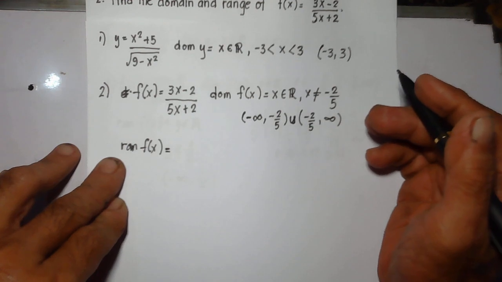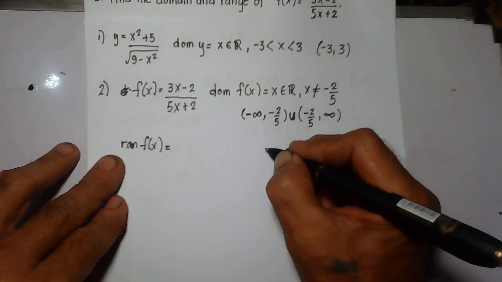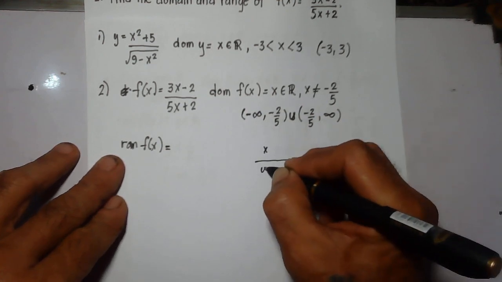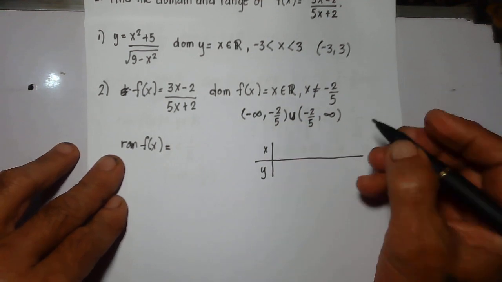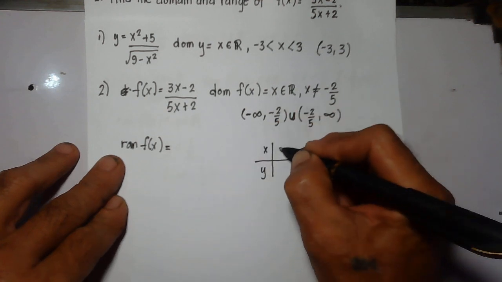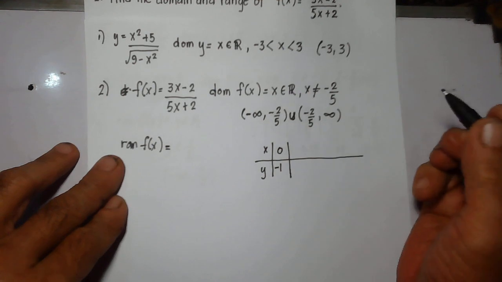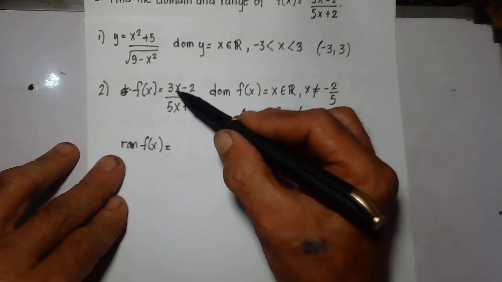Now, graphing will be left for the students as an exercise. Now, we assign values for x and y for this particular rational function. Now, if we make x to be 0, y will become what? Negative 1.